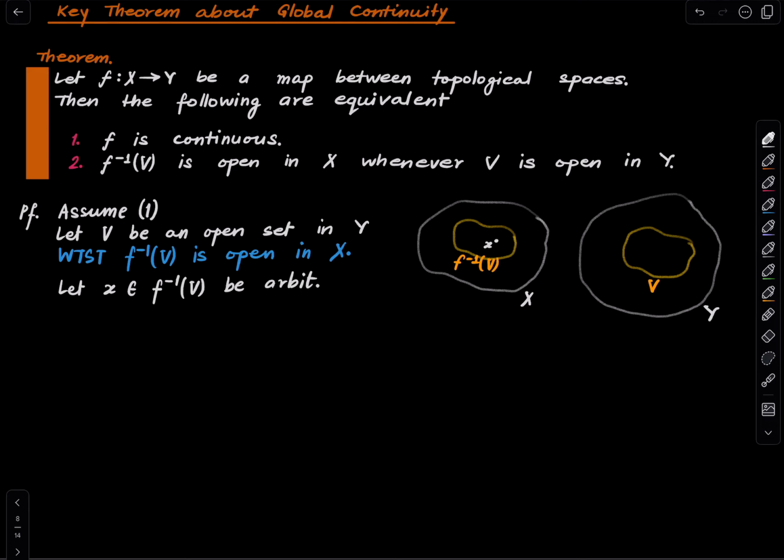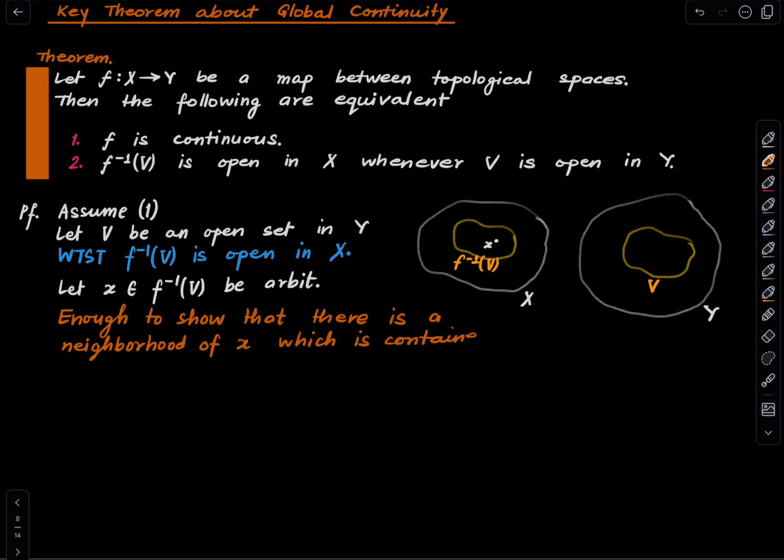Note that here is the key point. This is second nature once you study general topology in some capacity. It is enough to show that there is a neighborhood of x which is contained in f inverse V. So all I'm saying is this.